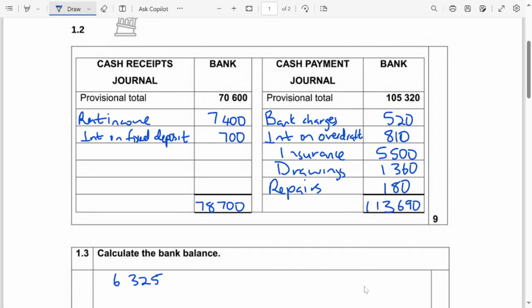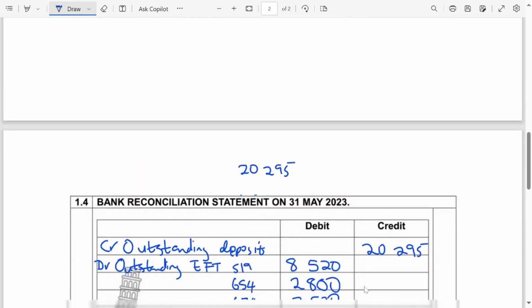So now we have to find out the balance of the bank. We must add the CRJ 78,700 and then the CPJ decreases the bank, so subtract them. So it's going to be negative 28,665. If it's a negative balance, it means the bank has a bank overdraft, which is a credit balance. So you must record this on the credit side.